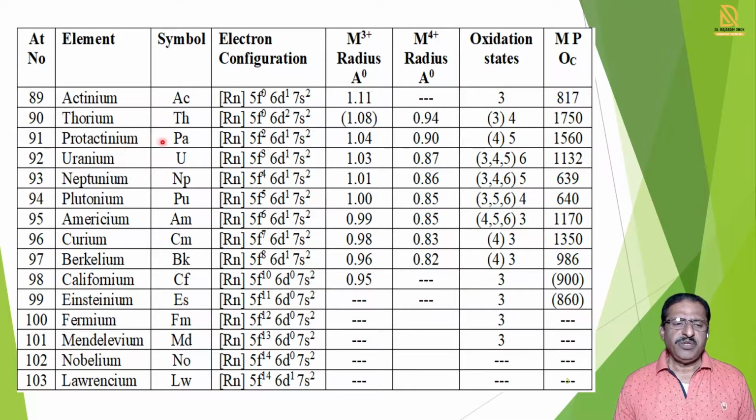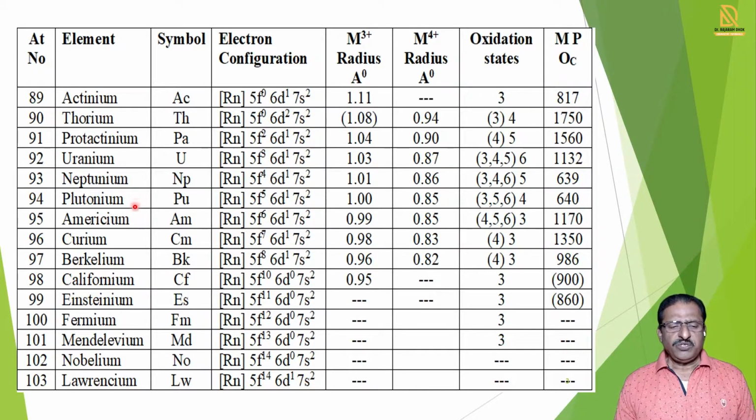Then protactinium Pa, uranium U. Then 93 neptunium Np, 94 plutonium Pu, 95 americium Am, 96 curium Cm, 97 berkelium Bk, 98 californium Cf, 99 einsteinium Es, 100 fermium Fm, 101 mendelevium Md, 102 nobelium No, 103 lawrencium Lw. So these are the different elements of this actinide series.